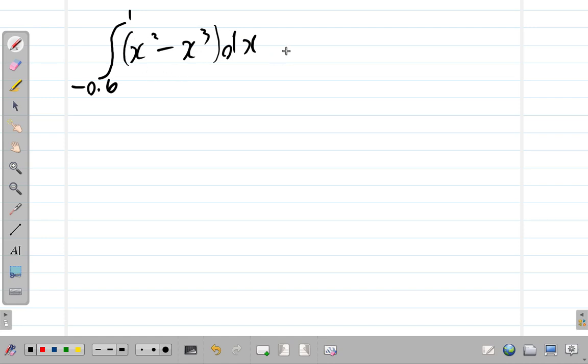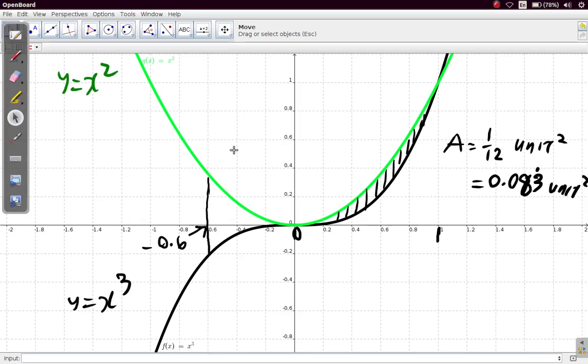Now, what you should do is integrate from negative 0.6 to 0, and then from 0 to 1, because you would essentially be trying to find the shaded area here plus the shaded area here. And you can see that part of the shaded area here is below the x-axis.